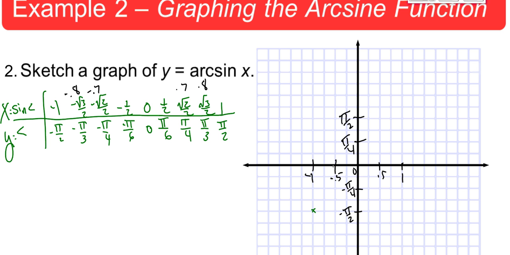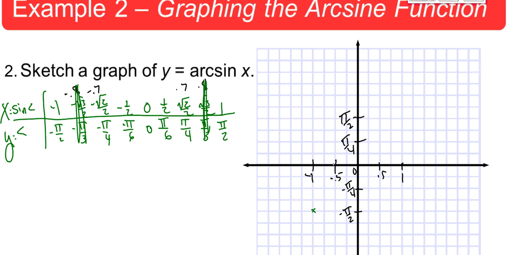When this is negative 0.8, that is negative pi over 3. I could have maybe done that a little bit differently. And these two are very close to each other. I'm maybe not even going to do those because then they're harder to find. I'll just go right to negative pi over 4.